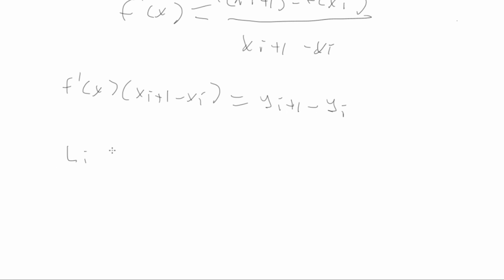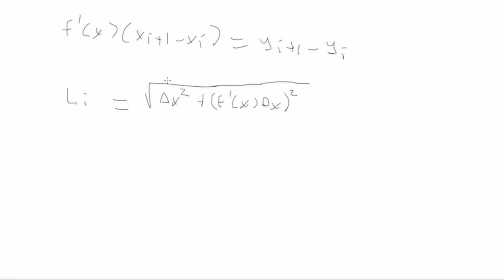the length of each line is equal to the square root of x sub i plus 1 minus x sub i, which is going to be delta x. So let's just say that's delta x squared, plus f prime of x times delta x, all of that squared. Okay, so what we can do is factor out a delta x squared.